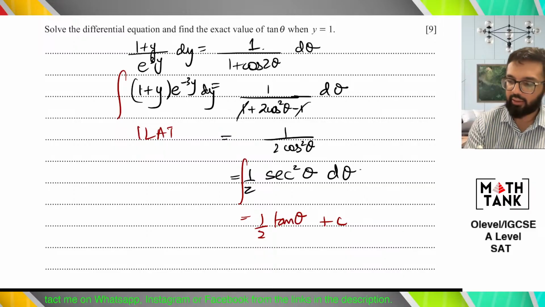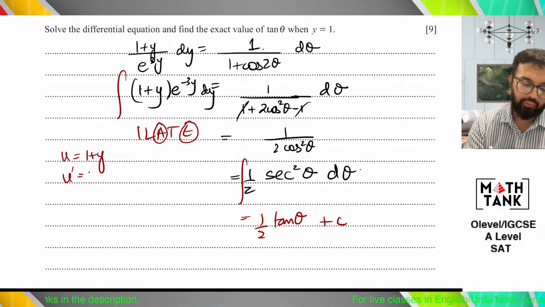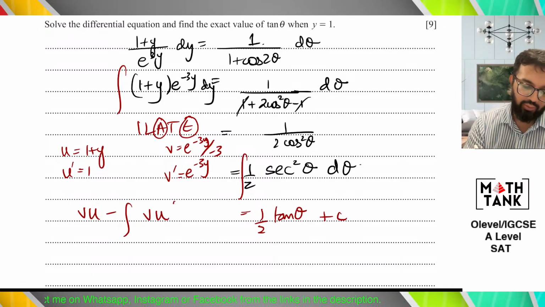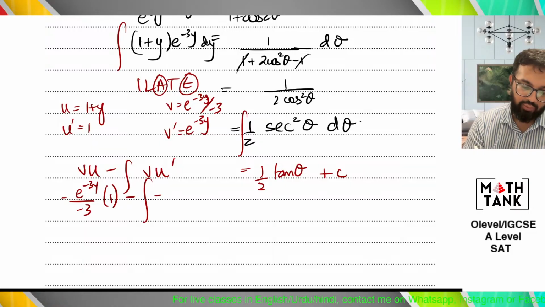So I isolate, algebra, and exponential. And v dash is e power minus 3y. So v is e power minus 3y over minus 3. vu minus integration of vu dash.